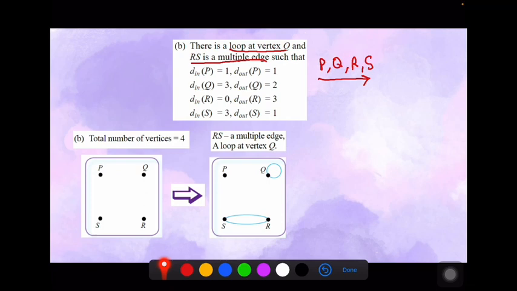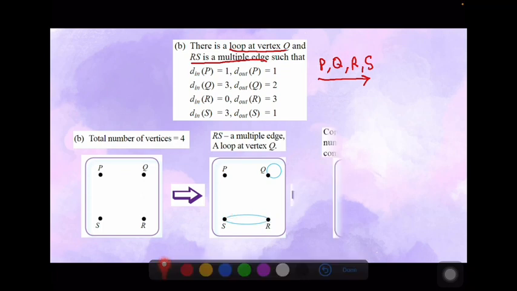Next, refer to the information given. We are going to draw a loop and multiple edges. So draw a loop first at vertex Q, and then draw a multiple edge at RS.